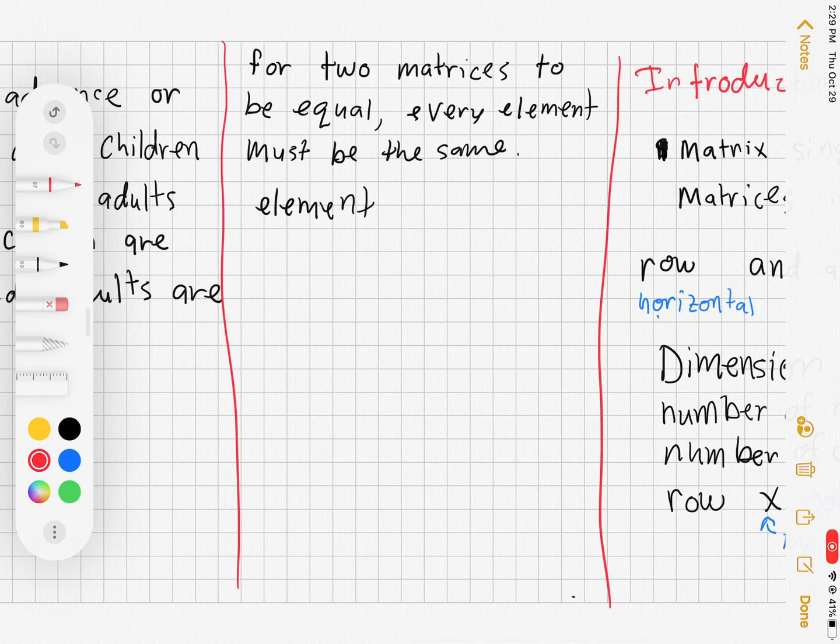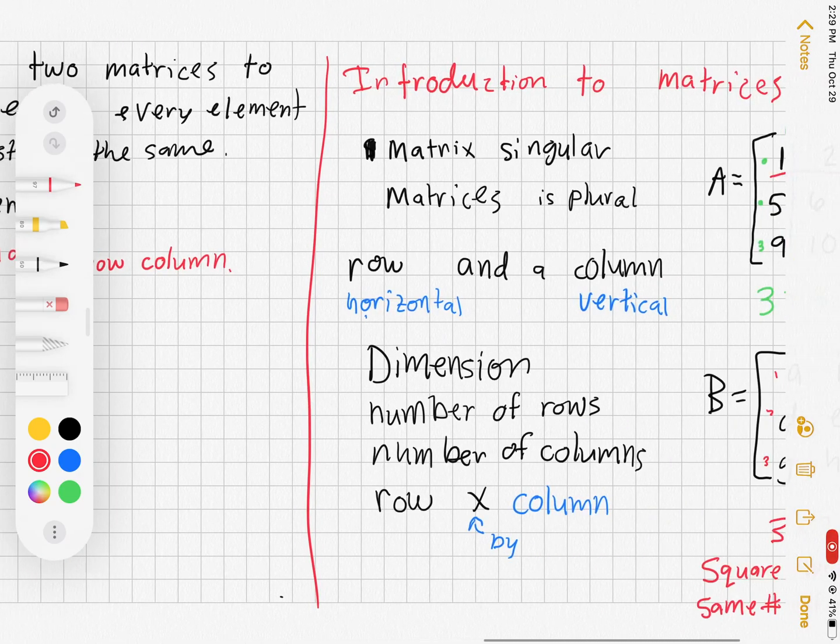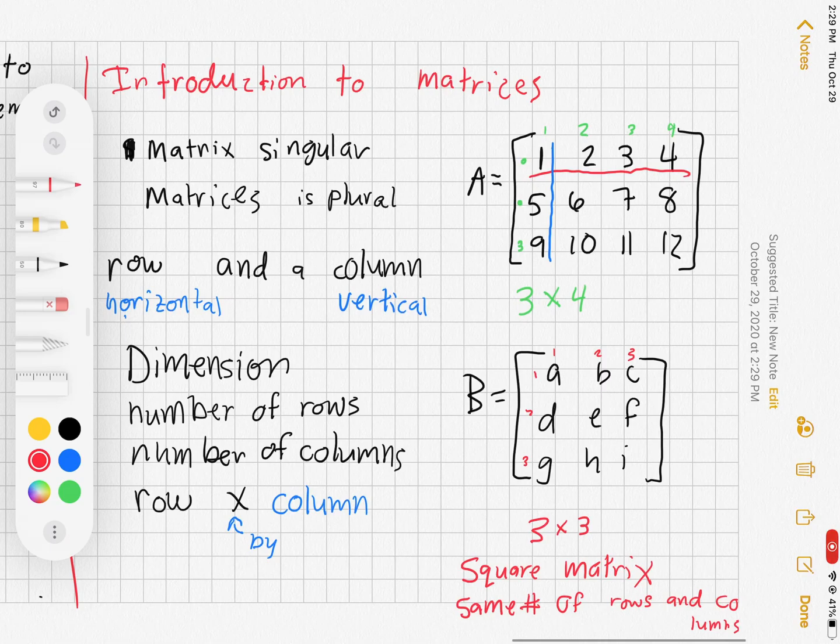You write the matrix name, and then you're going to talk about the row and the column. So for example, here in A, if we're looking at A, row 3, element 4, that would be going down to the third row and over to the fourth column.